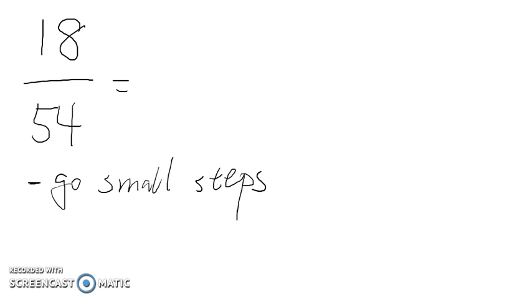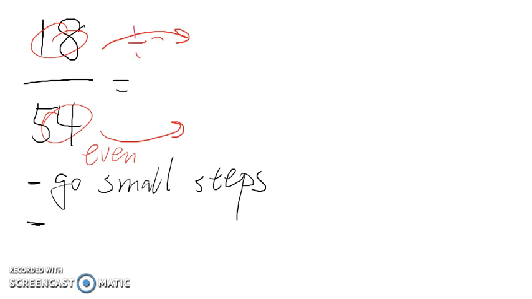The simplest one we can find: both of them are even numbers, right? So both of them can be divided by 2. 18 divided by 2 equals 9. 54 divided by 2 equals 27.